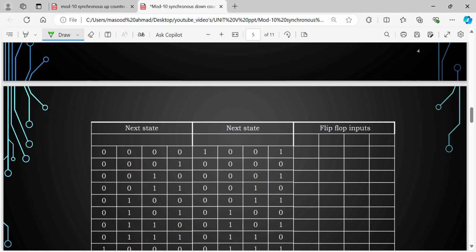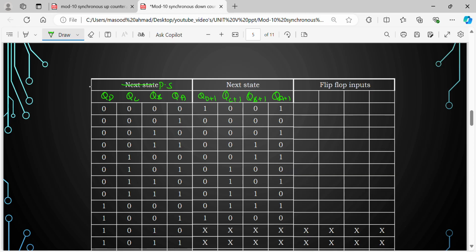Initially we call it the present state and the next state. Let's say the present state is QA, QB, QC and QD. The next state is QA plus 1, QB plus 1, QC plus 1, QD plus 1. From the state diagram, when the present state is 0, 0, 0, 0, the next state will be 9, which is 1 0 0 1.